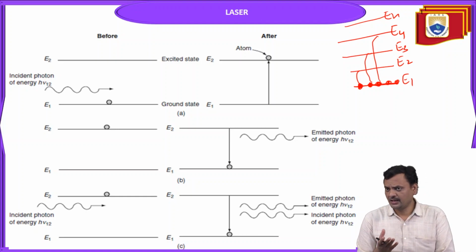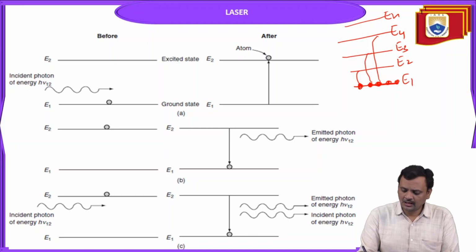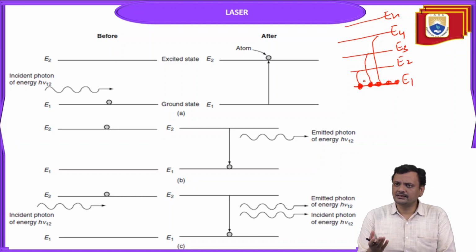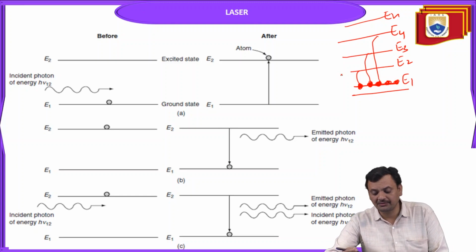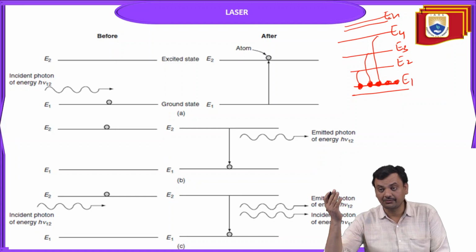It depends on the available exposure energy. If that outer energy is very high and is incident over these electrons, they will try to jump even to much higher states like E4, E5.